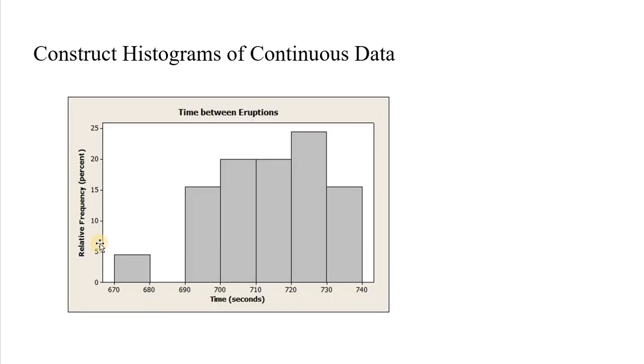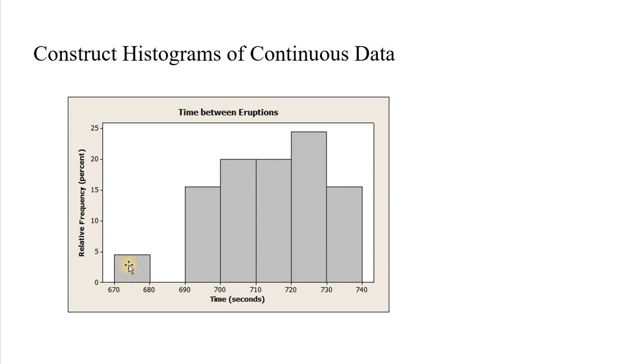So to find the class width from the shape here, we basically subtract the big number minus the small number. So 680 minus 670, the class width is 10. So these numbers are all lower class limits. Okay, so that is a very important thing to notice.